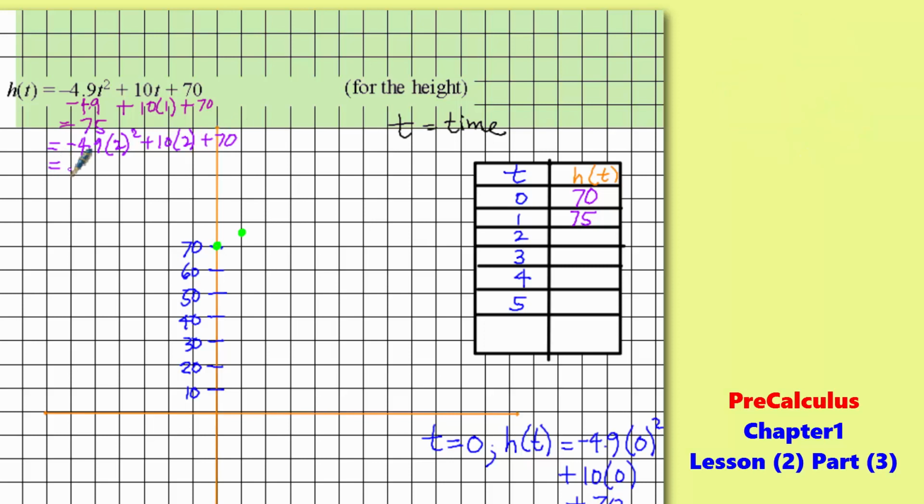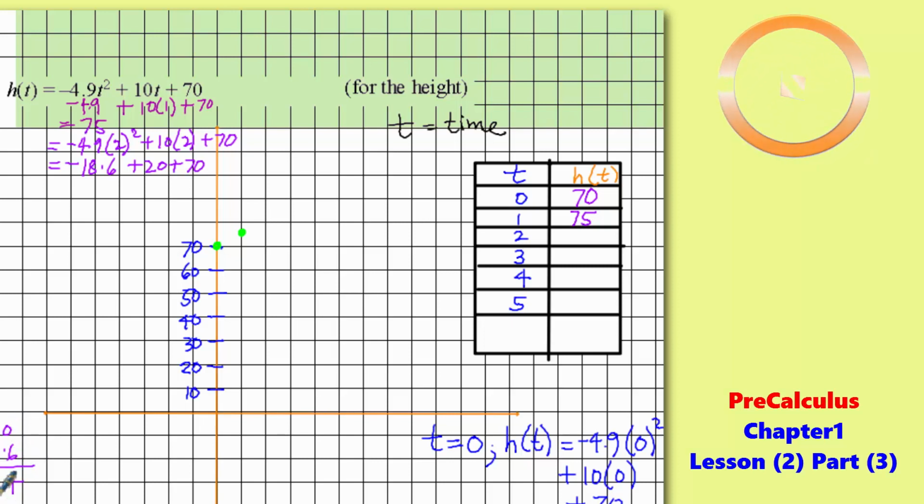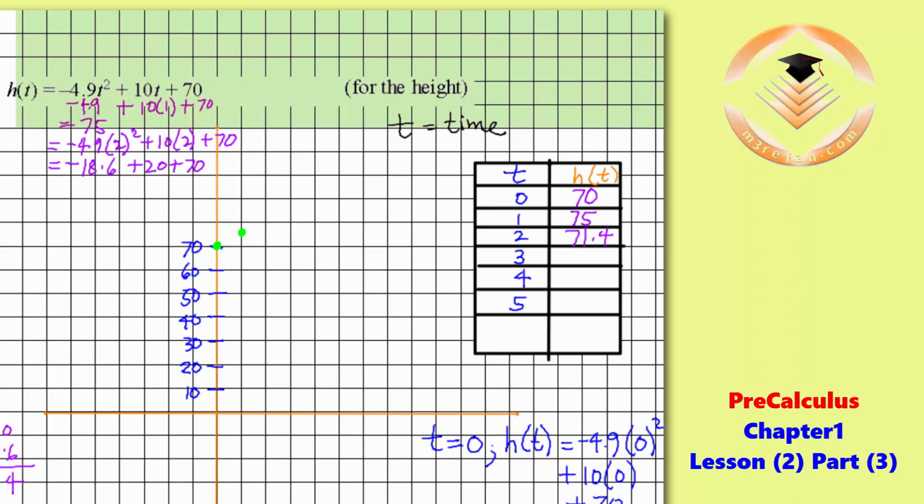Negative 4.9 times 4 is negative 19.6. Negative 19.6 plus 20 plus 70, so that's 90 minus 19.6, which is approximately 70.4. So 70.4 for t is equal to 2.